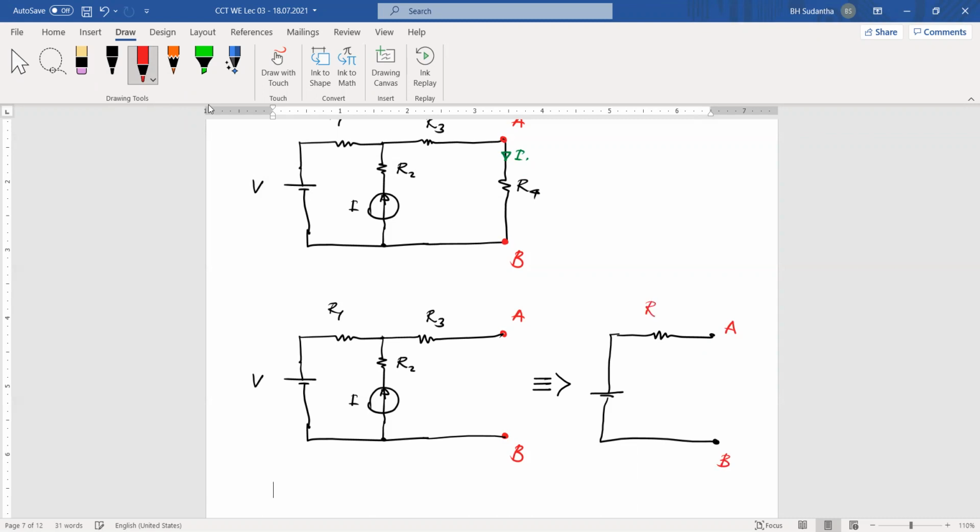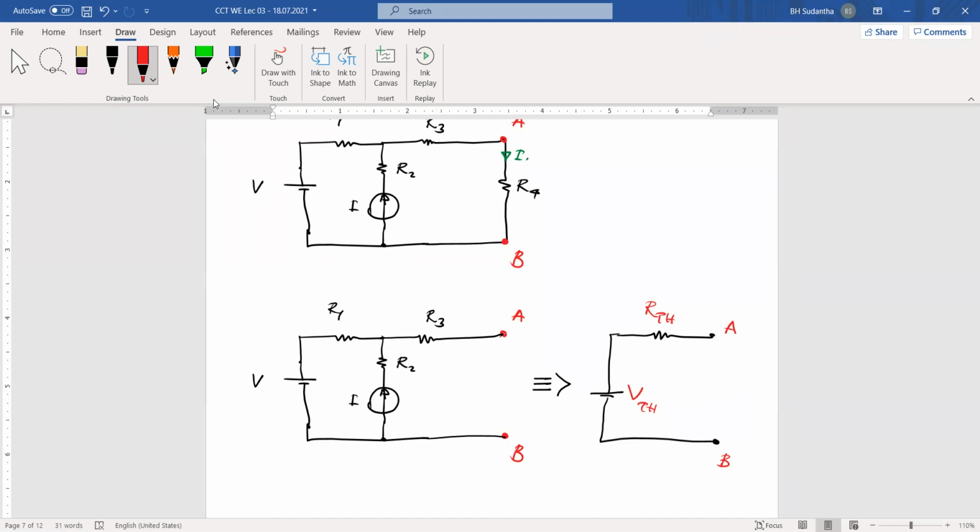And this is the new resistor we have, RTH and VTH. We can replace this entire complicated part of the circuit by using a single resistor RTH, R Thevenin, and a single voltage source like this. It's a very simple circuit, one voltage source and one resistor.